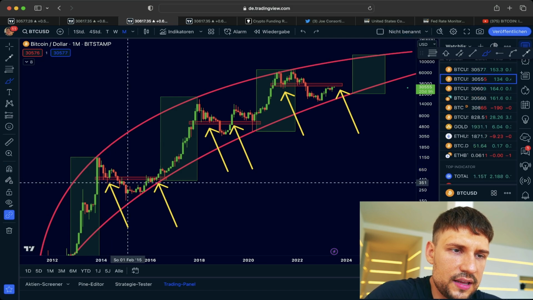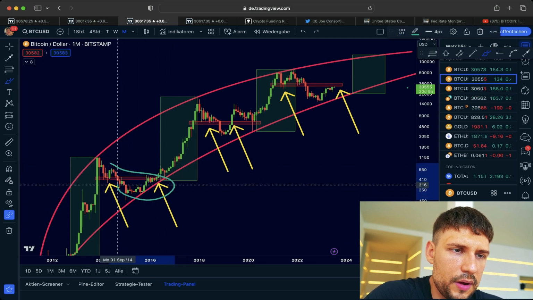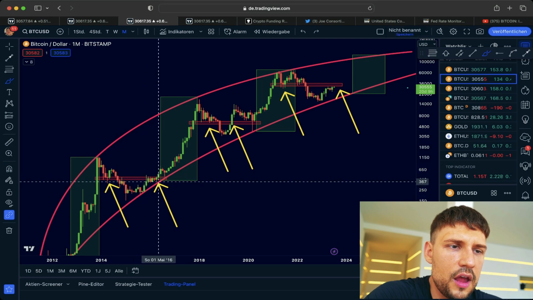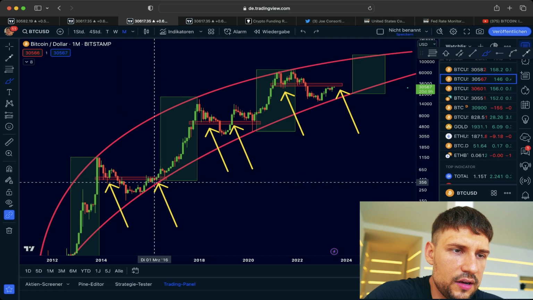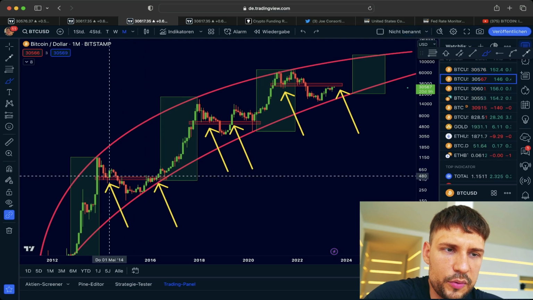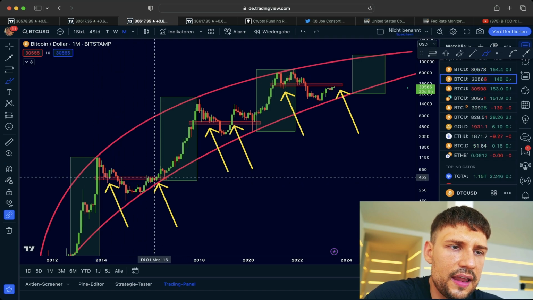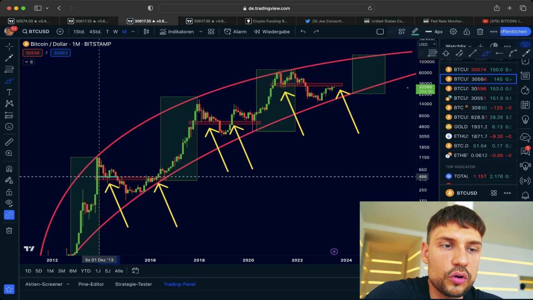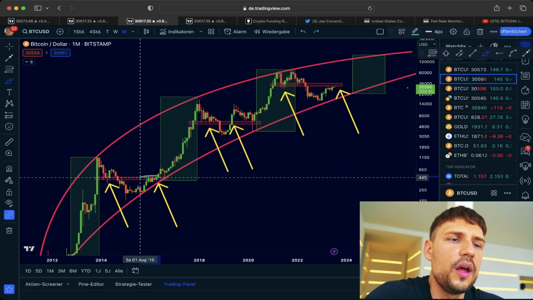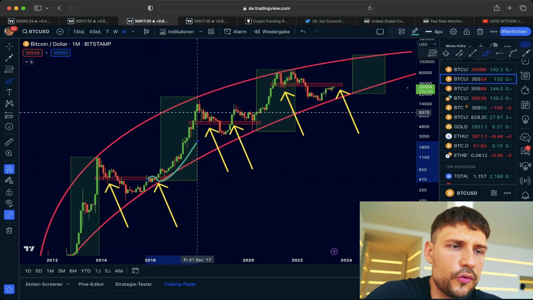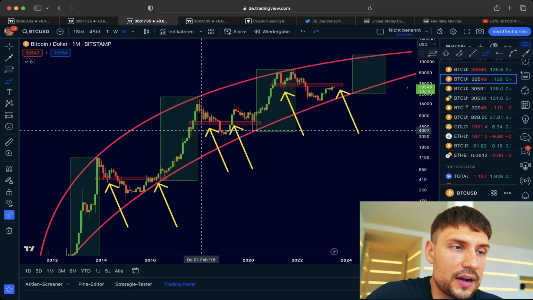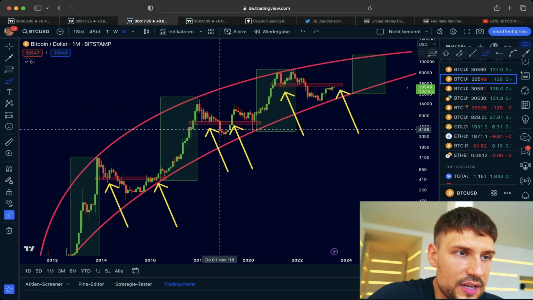And always in the bear market, this was the bear market in 2014-15, we retested the previous bull bottom. You see it here. This was previously a very strong resistance, and it acted as very strong support, and then we broke it through and we ran into a bull market.